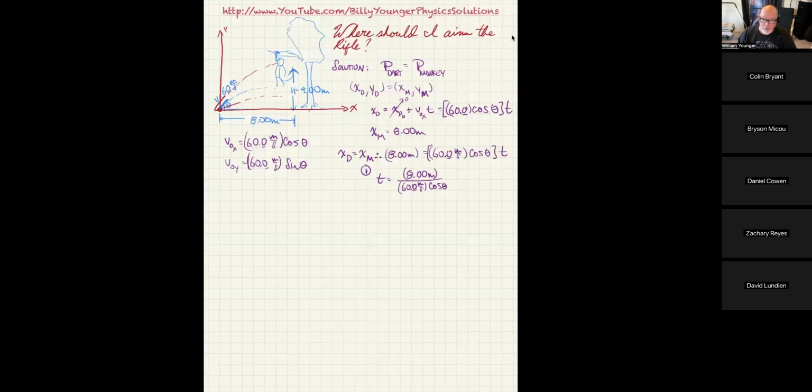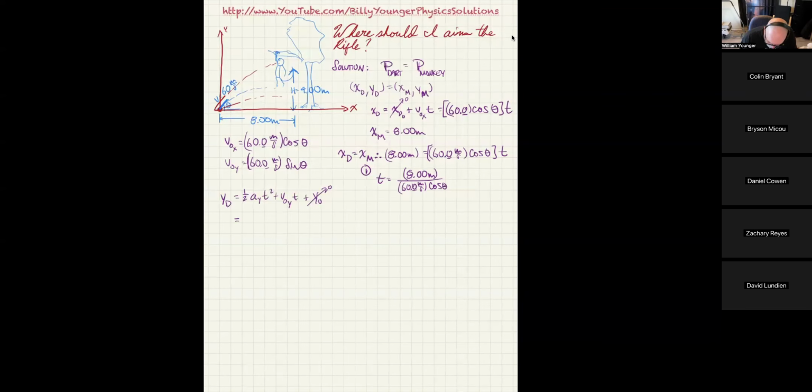So now I want to set up equations for y for the monkey as well as for y for the actual dart. So y for the dart is just equal to, I'm going to use the typical kinematic equation, 1 half a sub y t squared plus v0 y t plus y0. And by our diagram, we see y0 is already 0.